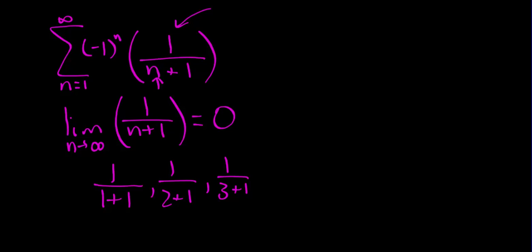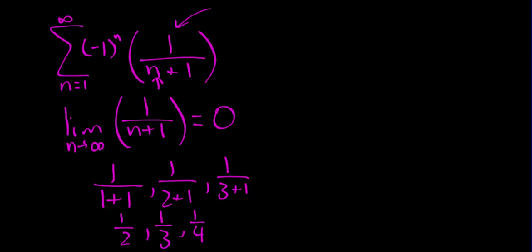And notice it does. The terms get smaller and smaller. See? So both conditions are met. Each term is getting progressively smaller than the previous, and it passes this nth term test. So yes, this series right here converges. It's an alternating series, so it converges.